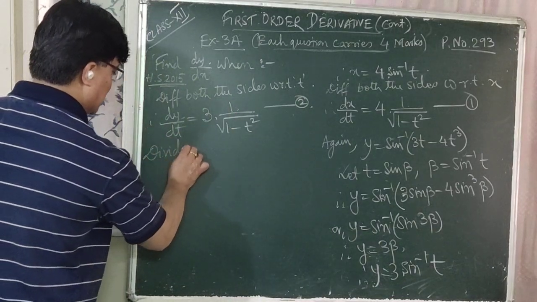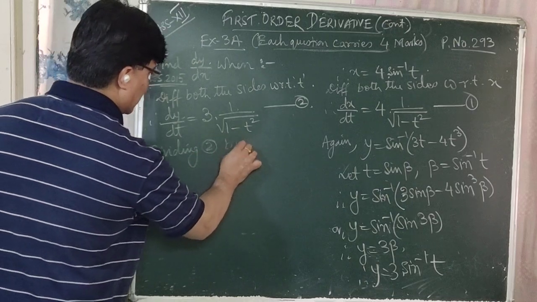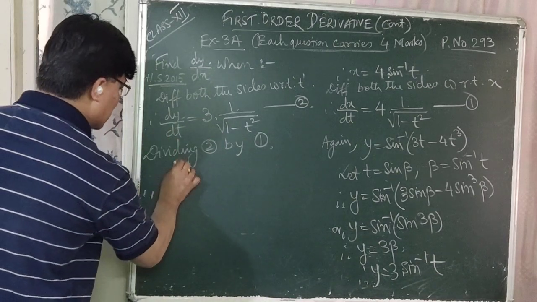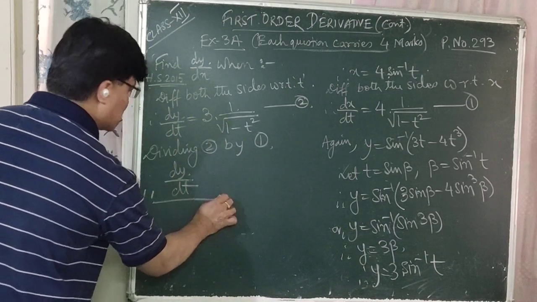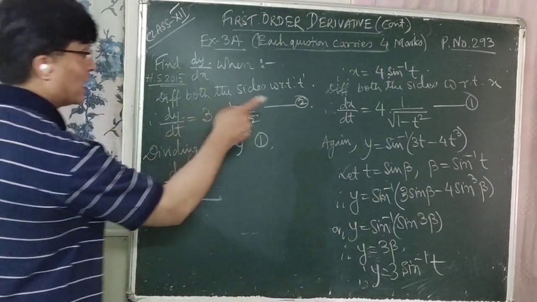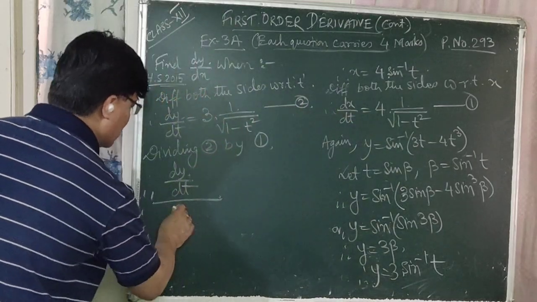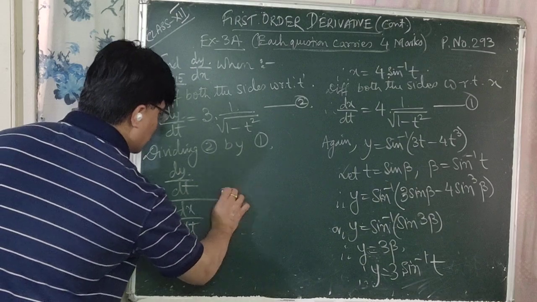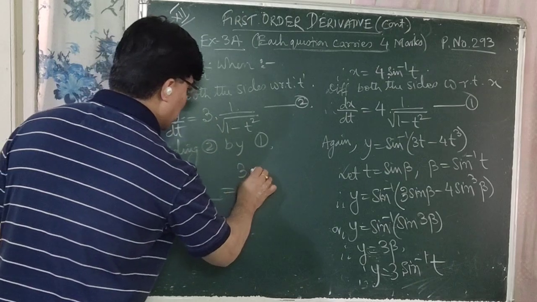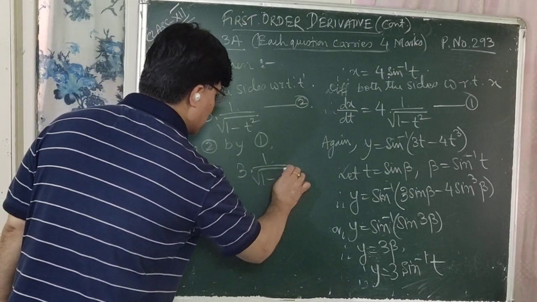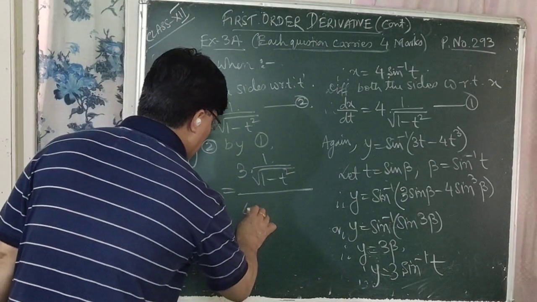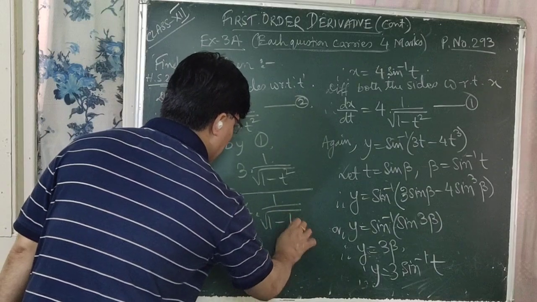So write down the left hand side of number 2 in the numerator, that is dy by dt, divided by the left hand side of number 1 in the denominator, that is dx by dt, which is equal to, on the right hand side, 3 into 1 upon root over 1 minus t square divided by 4 into 1 upon root over 1 minus t square.